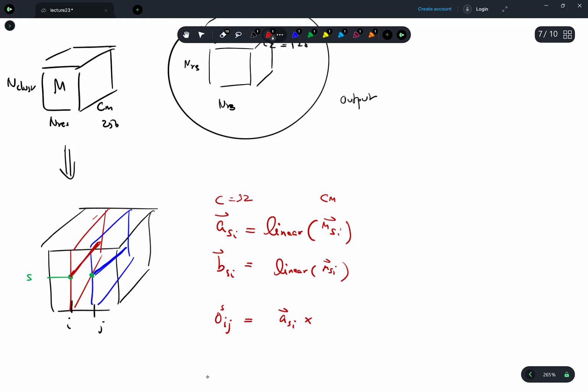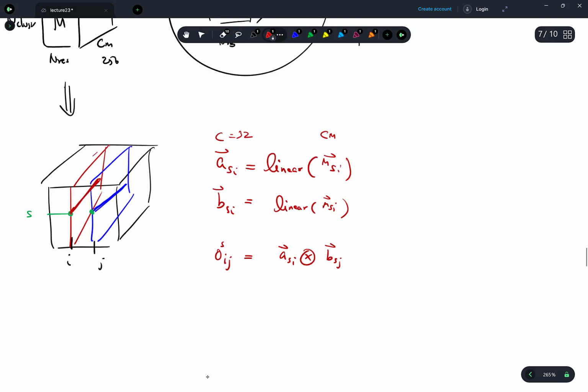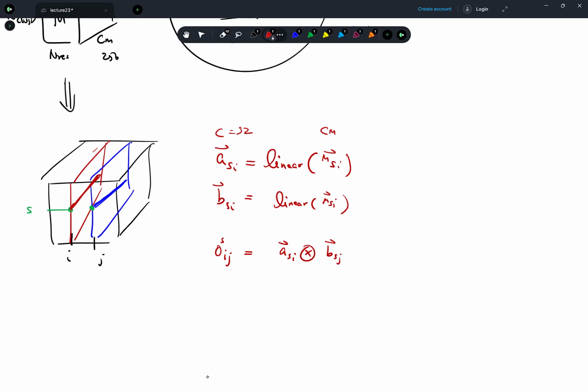This is the outer product. For a given S, you're taking the product of the two vectors. What are you going to get out of this? The outer product is going to give me a C by C matrix out.